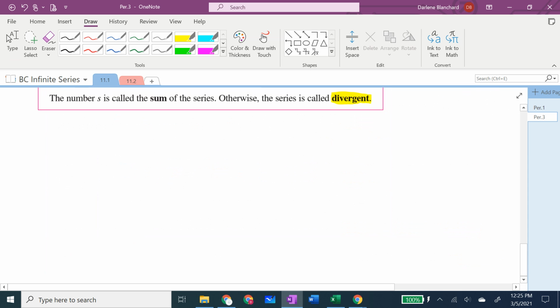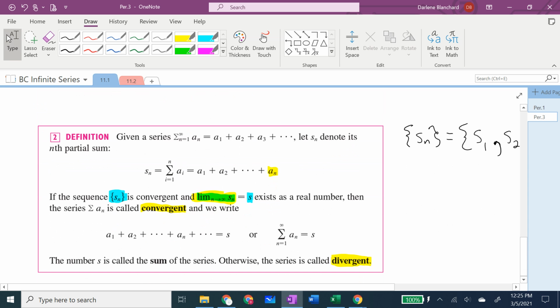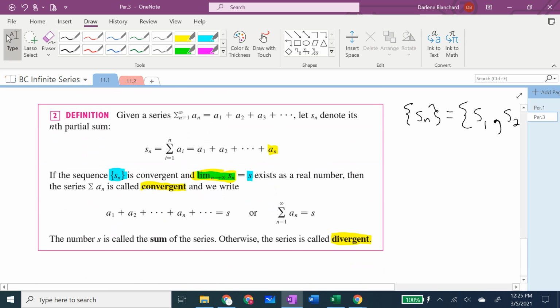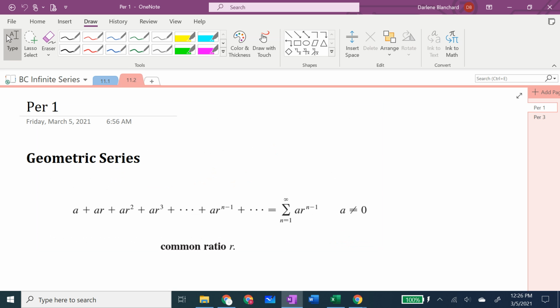All right. And that was it for what I'm considering the introduction of sequences and series. What's the difference? What's the terminology? And now we're going to start on to, yay, geometric series. Geometric series, super important series.